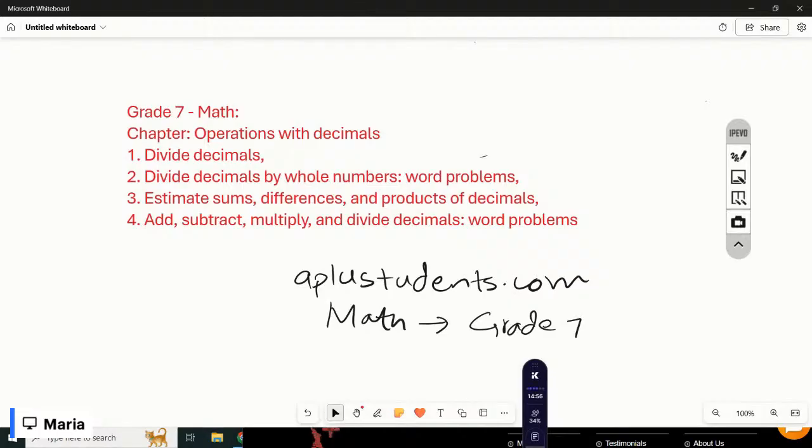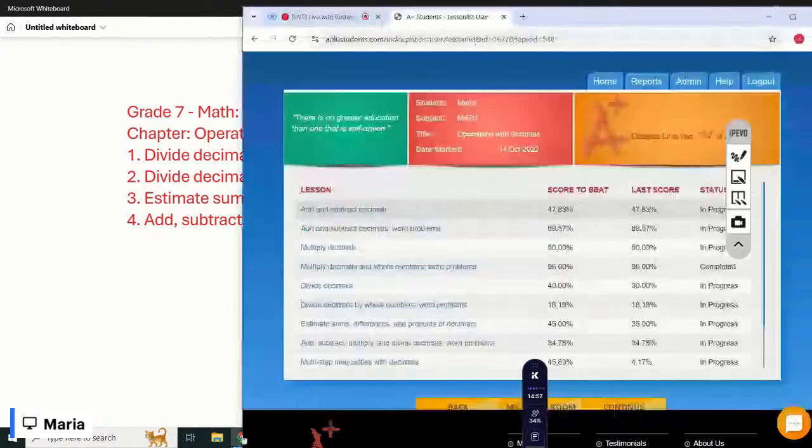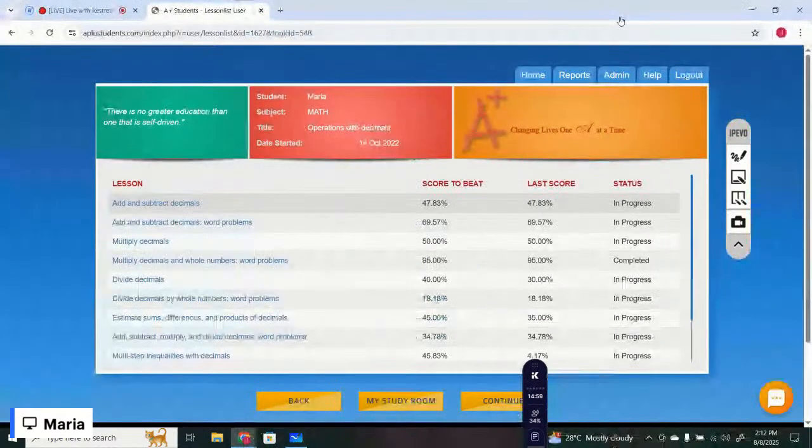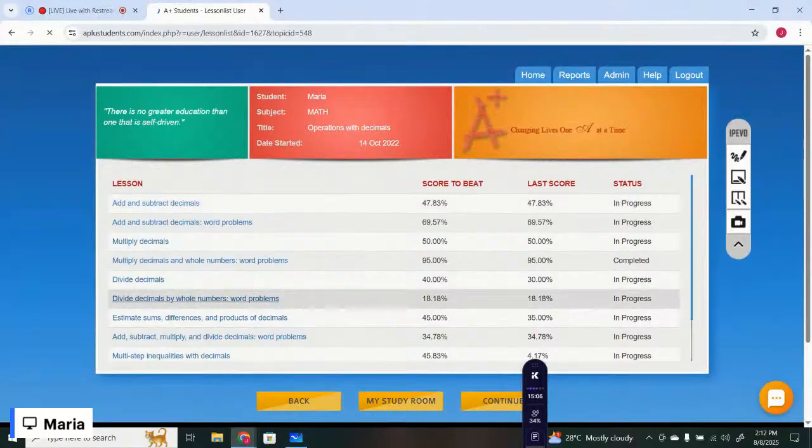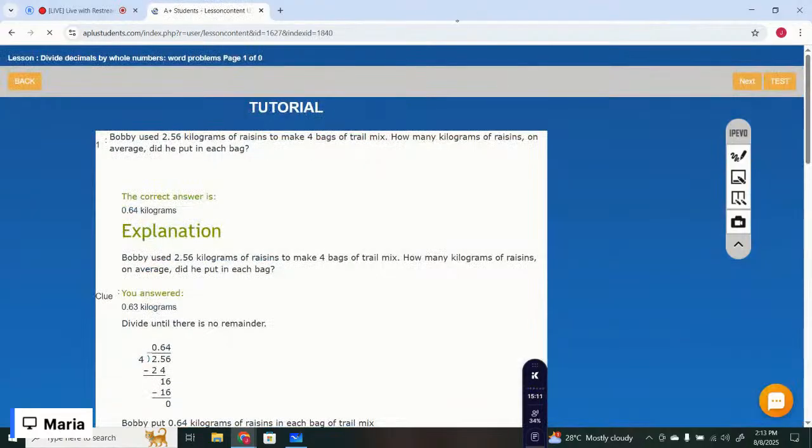The next lesson is divide decimals by whole numbers, word problems. Let's just start with the test questions.